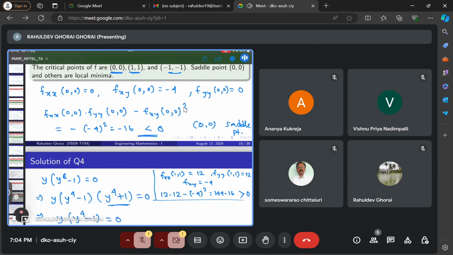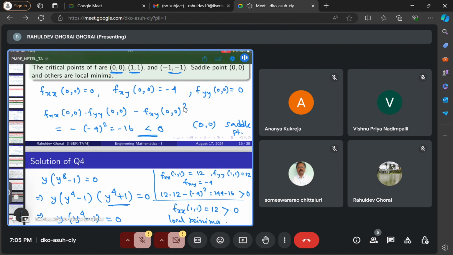So then how to find that? We have also seen that fxx at (1, 1) is 12, which is greater than 0, so it will be a minimum. So at (1, 1) the function will have a local minima. Because you see, f will have minima at (1, 1), and f will also have minima at (minus 1, minus 1).